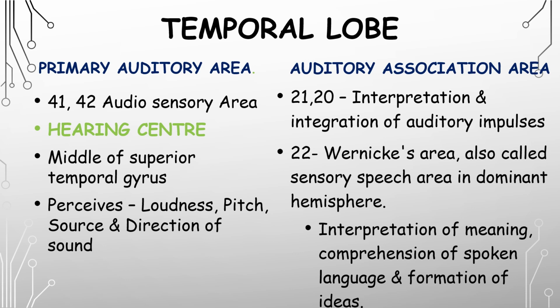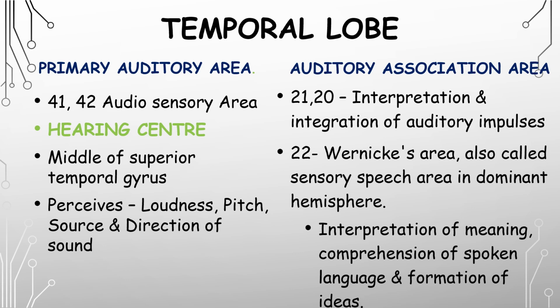Comprehension is understanding of the spoken language and formation of ideas that are to be articulated in the speech. So all these things happen in Wernicke's area. So Wernicke's area is very important.